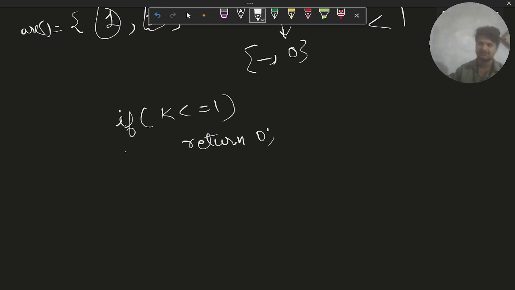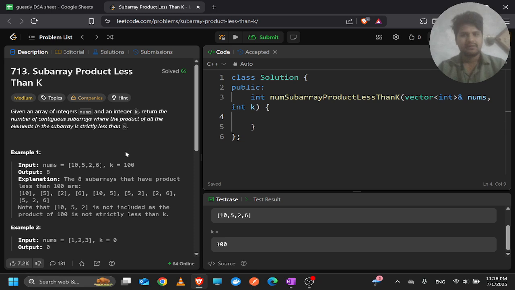Okay, so let's go into the code and see. Initially I'm going to declare a variable which is going to store the array size, so it will be nums dot size.